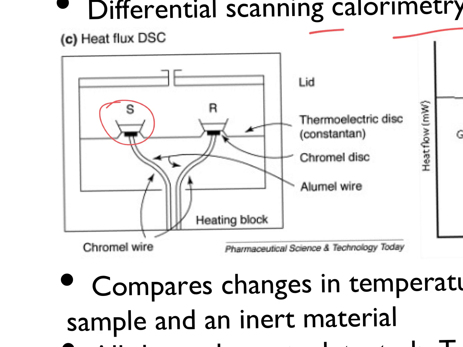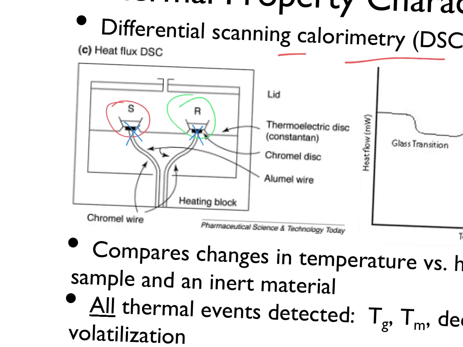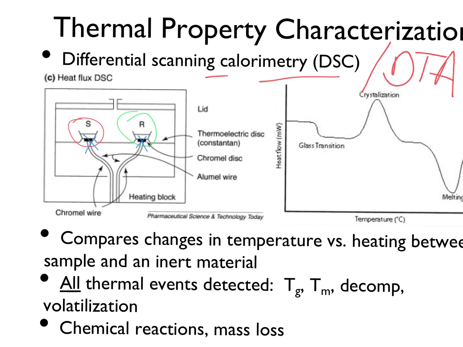And then this is also compared to some other reference powder that is inside the same furnace, the same atmosphere, the same heating rate, everything exactly the same. And you've got two thermocouples, and that's the heart of the technique. These thermocouples are measuring changes in our sample versus not changes in alumina or some other inert material. And so it's a relatively simple technique that gives us a lot of useful information.